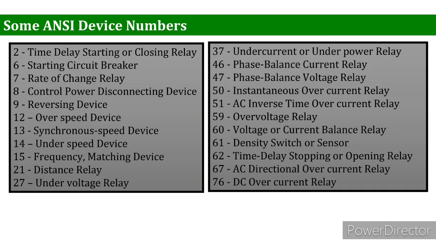Like if 27 is an under voltage relay, it will never change into the distance relay. It will always remain the under voltage relay. So in procurement, don't worry about that. You just have the sheet of the device numbers, and you can provide that sheet to the procurement man, so you will get ease in the procurement.